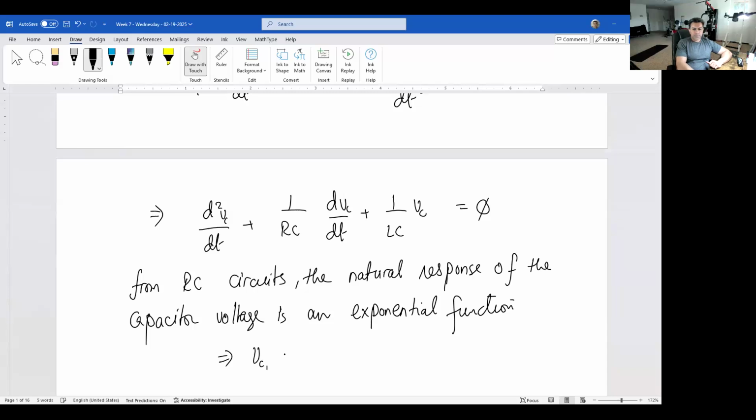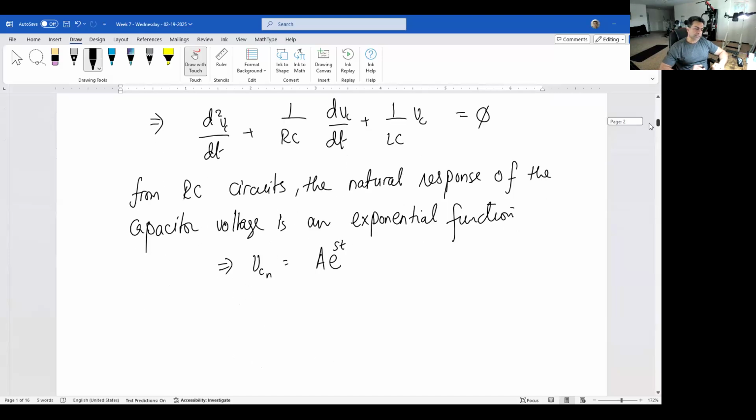So the natural response is, we will write a general expression, A e to the power st. Now, of course, if it's a natural circuit, s is usually negative because your exponential function is going down. So this is the natural response of a capacitor voltage, whether that is in a first order circuit, second order, third order, whatever. This is how the capacitor is going to be discharged. If we take this expression and plug it in, let's call this equation 1.